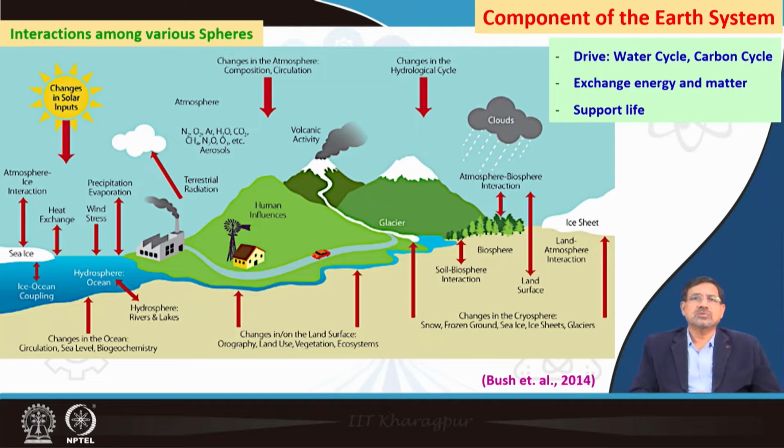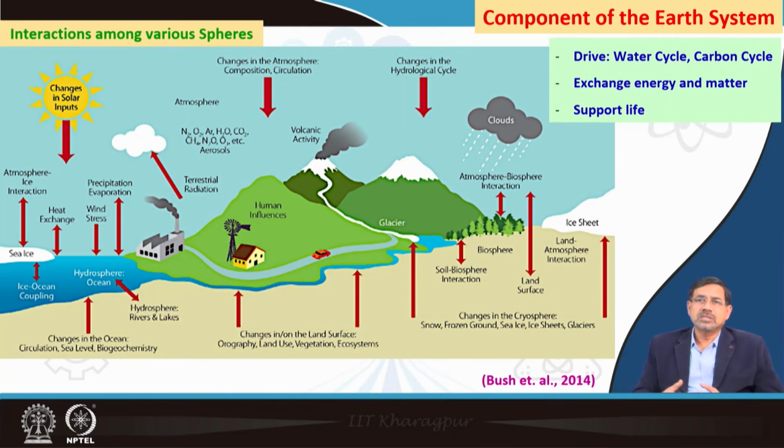So all this makes up the main formation of the terrestrial domain. And in terms of hydrosphere, we have the ocean, the ice ocean, and the coupling between lake water, various phenomena such as heat exchange, the atmosphere-ice interaction, the precipitation and the evaporation.